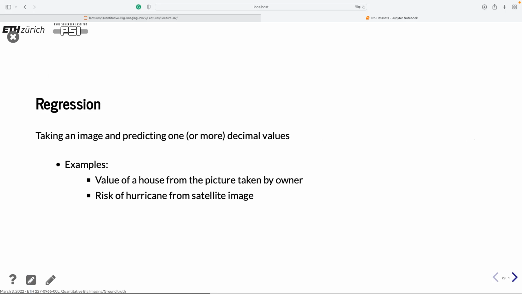Then we have regression, where you connect the labels with a value. For example, if you take a picture of a house and you train your algorithm to tell the value of a house that looks like this, or looking at a hurricane or satellite image and telling whether there is a risk for hurricanes forming.